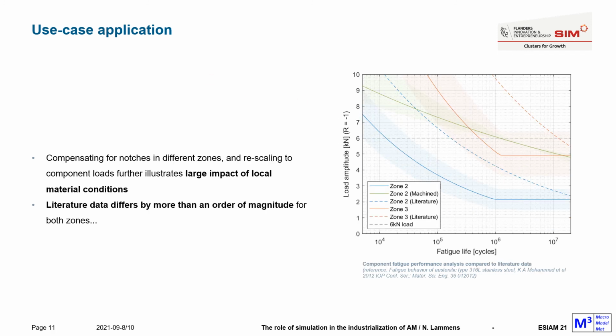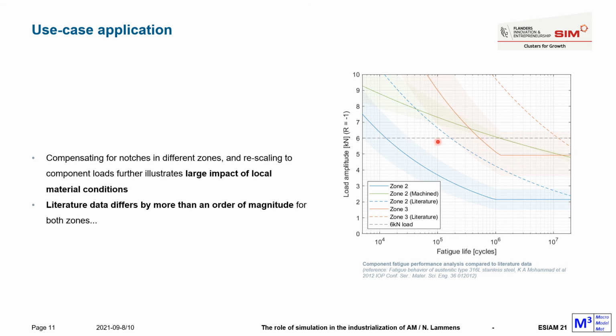Starting from the SN curves on the previous picture and compensating for notch effects, as well as rescaling to component load, we get a picture on the right. Although we started with zones that had very similar stress levels, this picture illustrates that by accounting for the local material condition in each of the zones, we get very distinct fatigue performance in each of them.